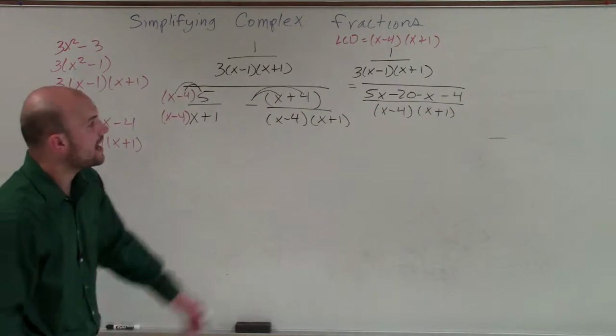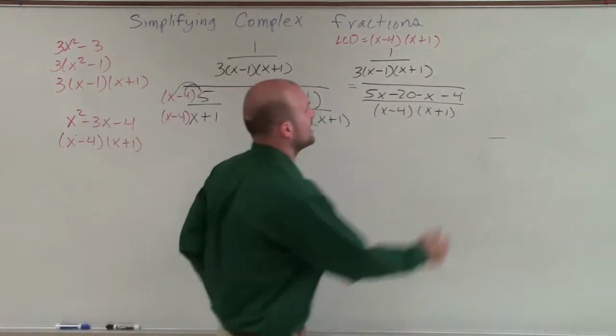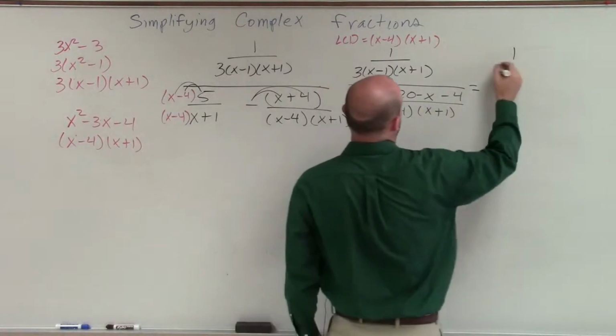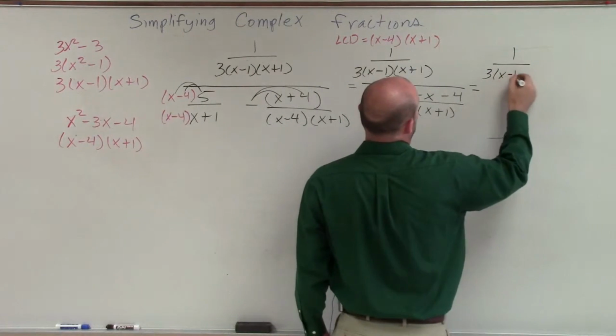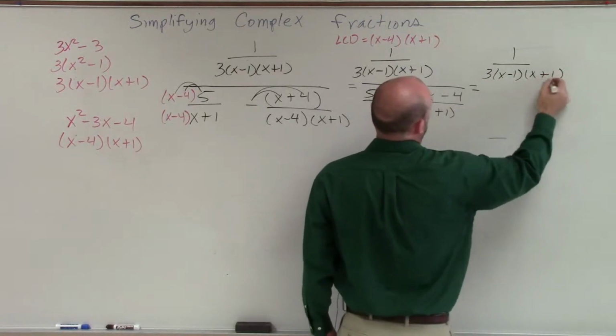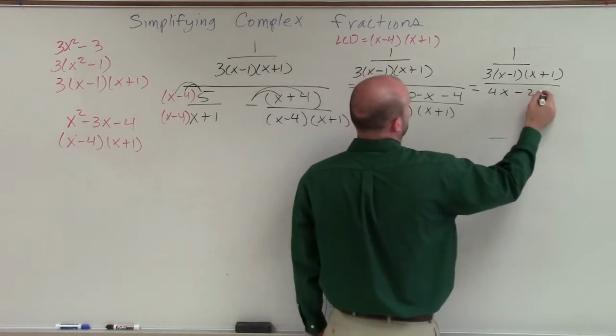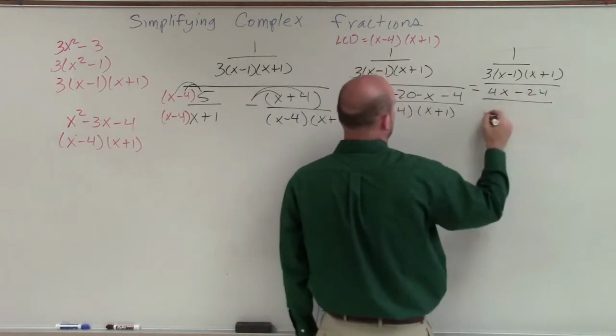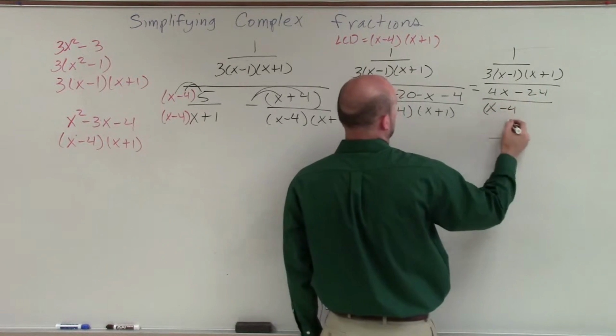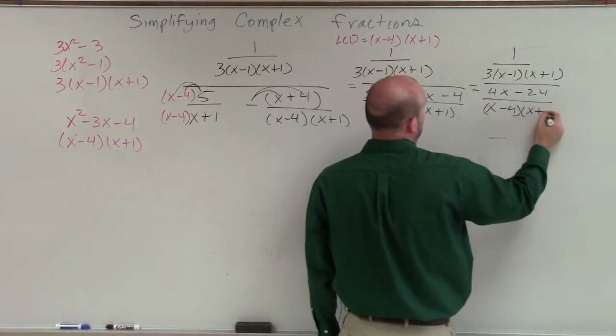Now I see that I have some terms I can combine. So I'll write this one more time as 1 over 3 times x minus 1 times x plus 1, divided by 4x minus 24 over x minus 4 times x plus 1.